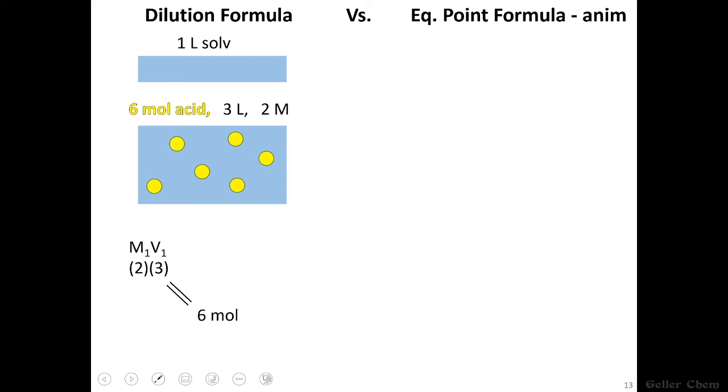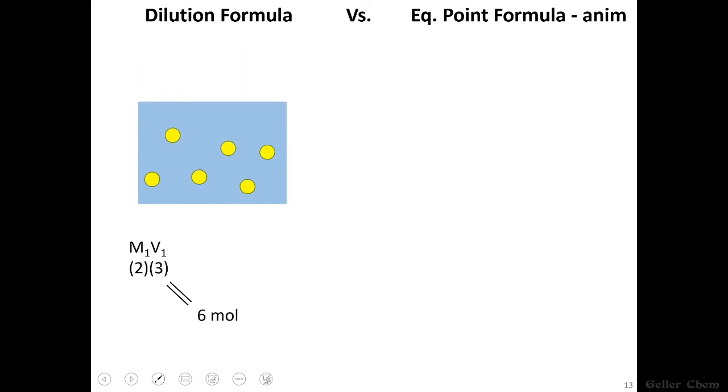Now let's say that I add 1 liter of solvent, and only solvent, to this solution. Well, now there's more solvent for these 6 moles of acid to swim in, so they spread out more on average, they become more dispersed, and the concentration goes down because our volume has gone up to 4 liters. But we still have 6 moles of acid.